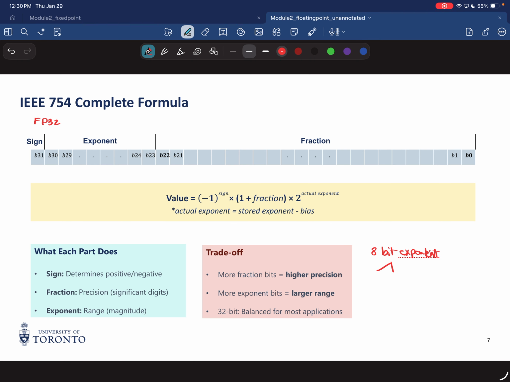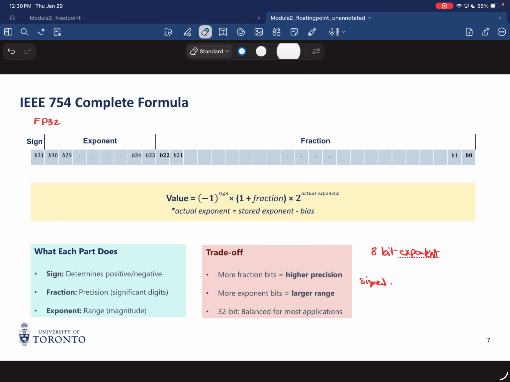If we were going to show it as signed, what would the range be? Anyone? A signed 8-bit integer, what is the range?